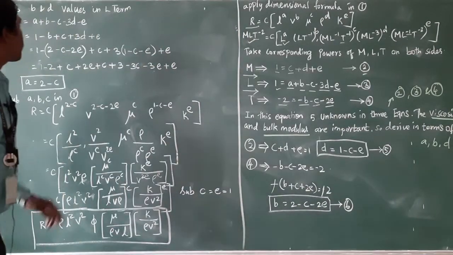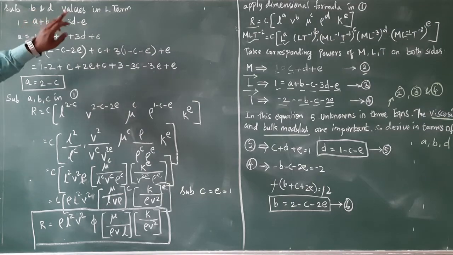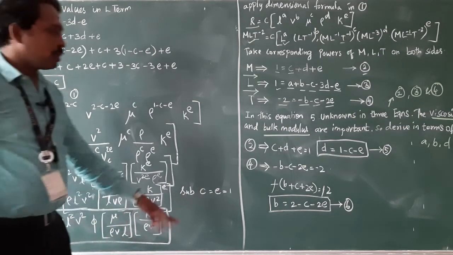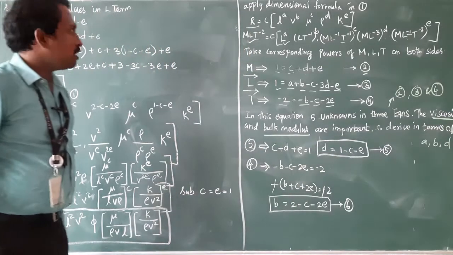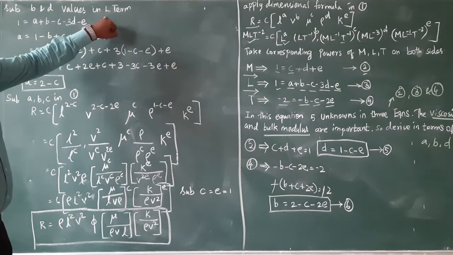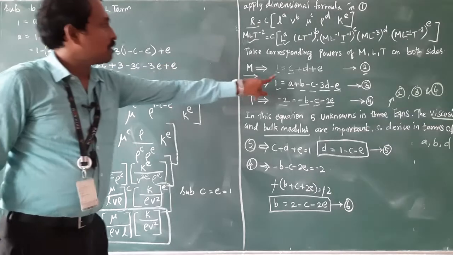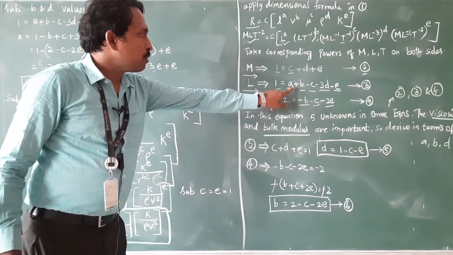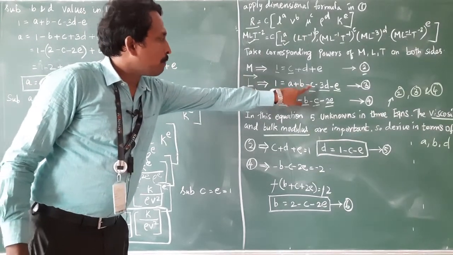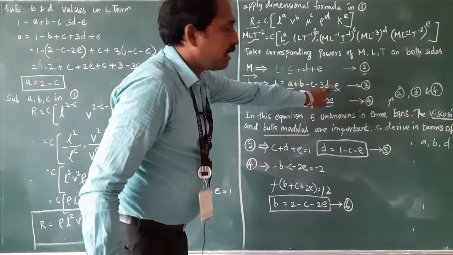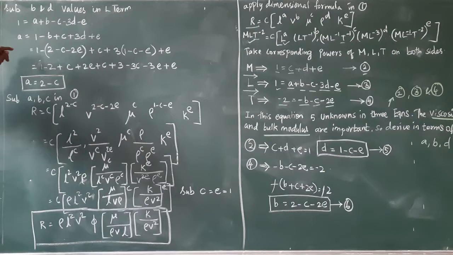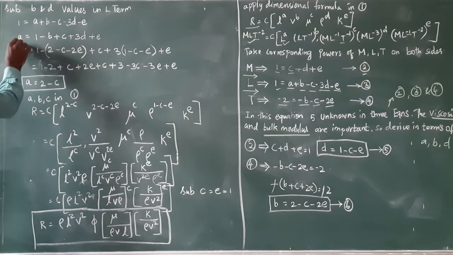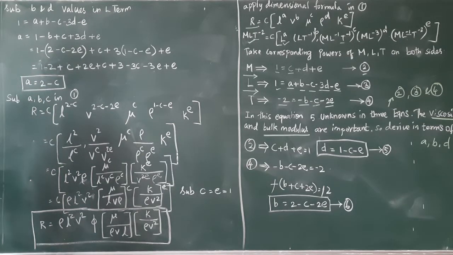Now substitute the B and D values, which we have already found, in the L term. The L term equation is 1 equal to A plus B minus C minus 3D minus E. Substituting in this, I can find the A value.